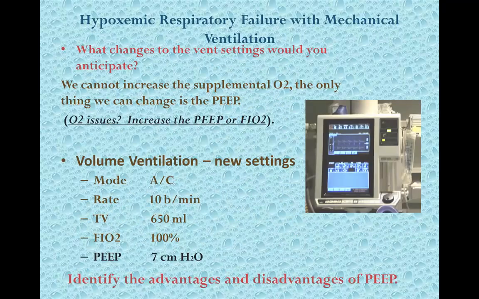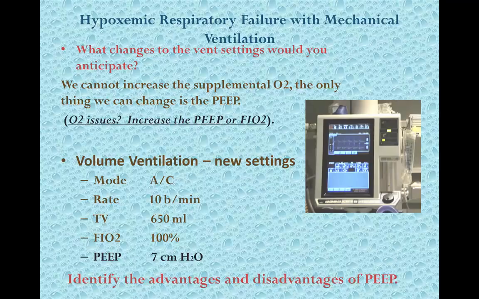The changes we expect to make are changes to the PEEP. So this is your second Hugh's Clues rule. If there are oxygenation issues, you can increase either the PEEP, positive end expiratory pressure, or the FiO2, the supplemental oxygen.